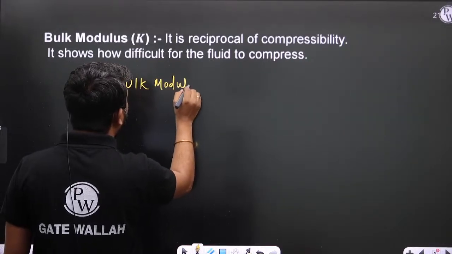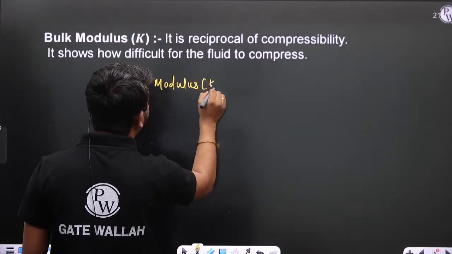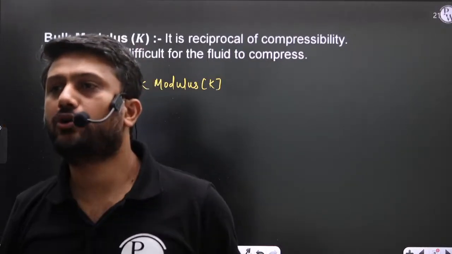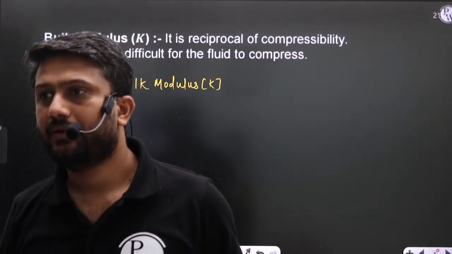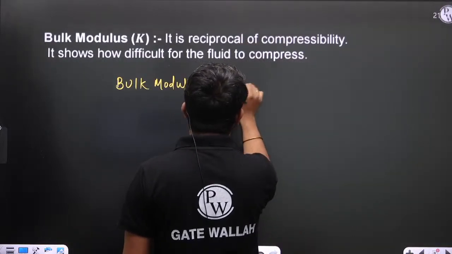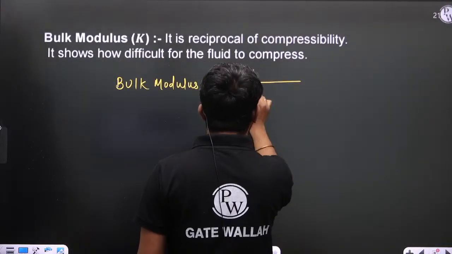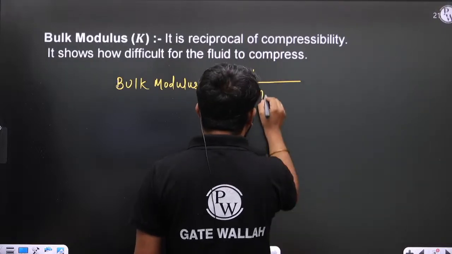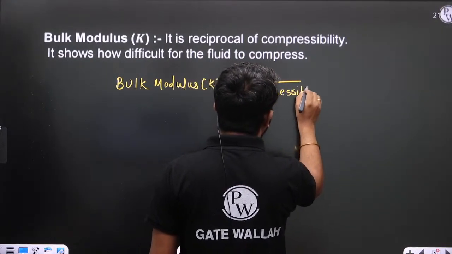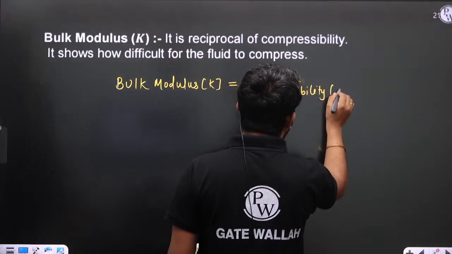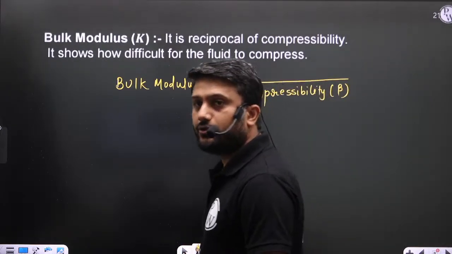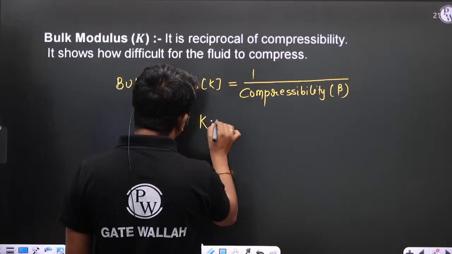Bulk modulus is denoted by K, and this bulk modulus is equal to 1 upon compressibility. So simply K is equal to 1 by beta.